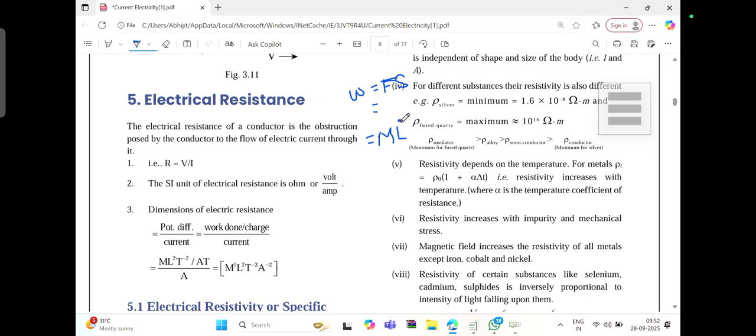Force equals mass into acceleration, and the acceleration is L T to the power minus 2.